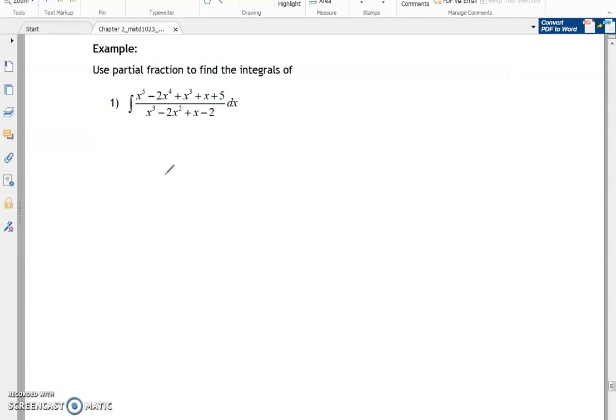Now let us use example 1 as our lecture example. If we look closely at this fraction, we can see that the degree of your numerator is higher compared to your denominator, so this is an improper fraction.